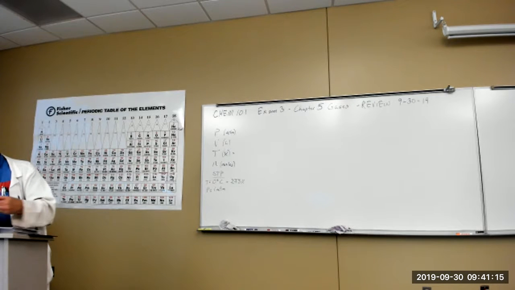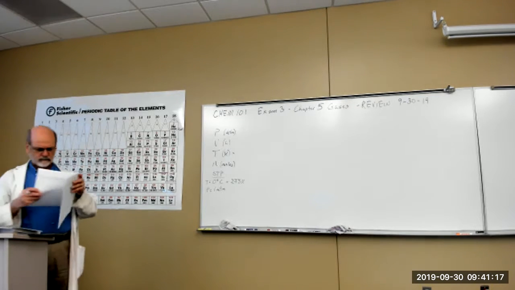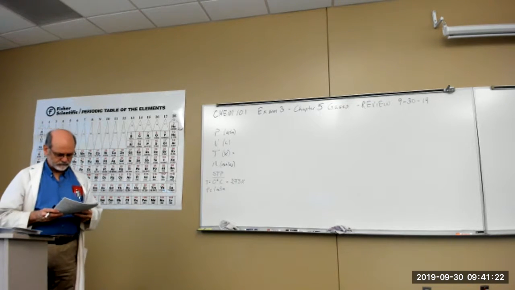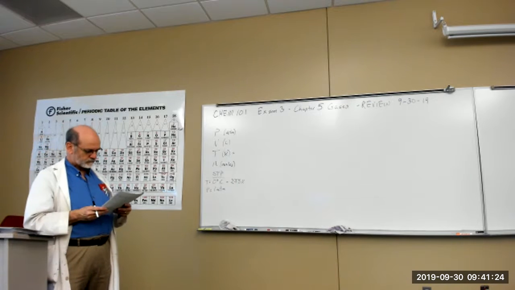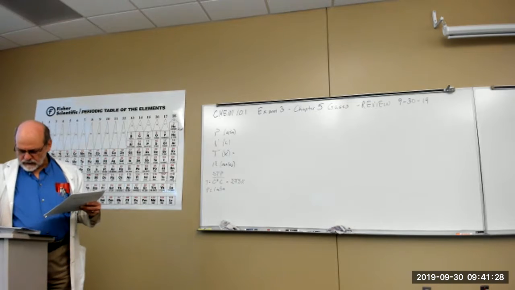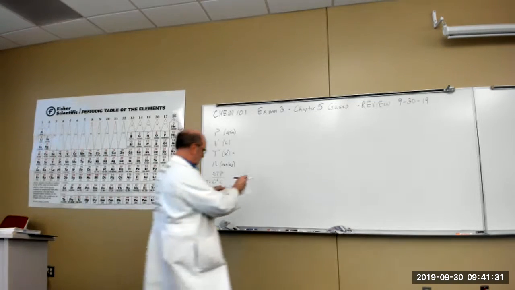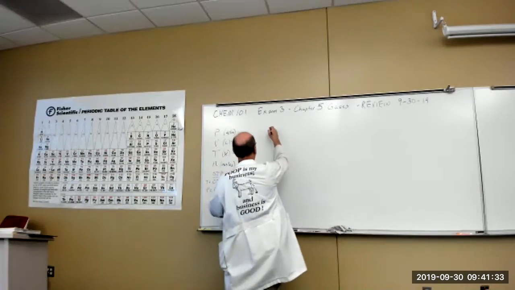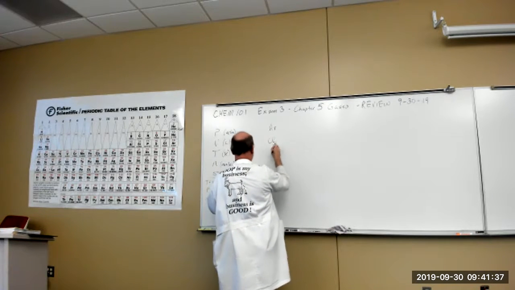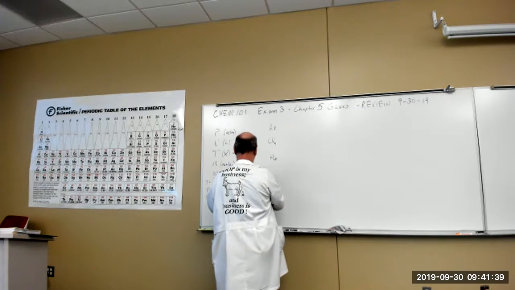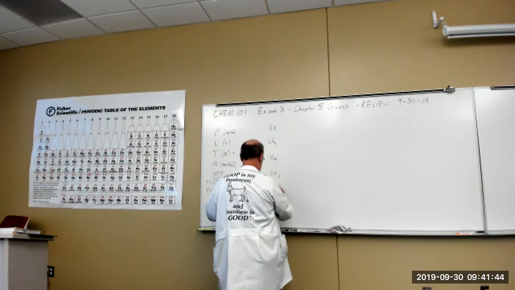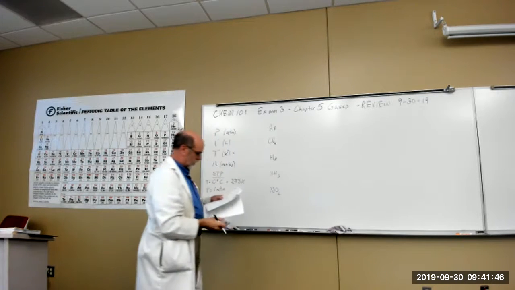So we've got argon, which is the one that we're given. Then we have chlorine, helium, ammonia, and nitrogen dioxide.